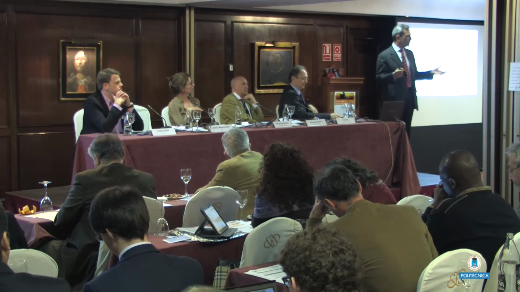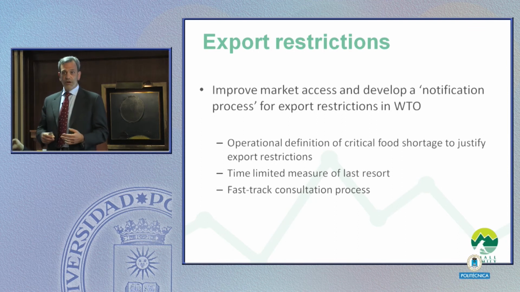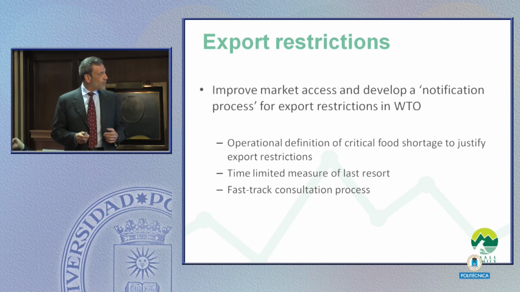High-level officers come together once per year, and if there is a crisis, they will have to sit at the same table. We didn't tell them when we set this up, but we set this up as a deterrent for export restrictions. And it worked. We had some problems in 2012 with Ukraine threatening to impose an export restriction because of the drought in the US. It didn't happen. It's an informal way to get what we want.